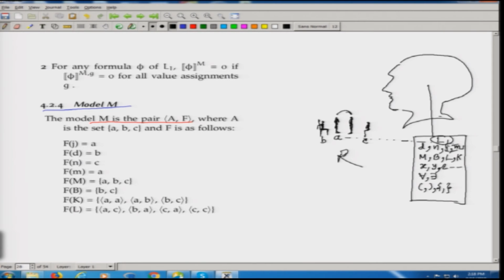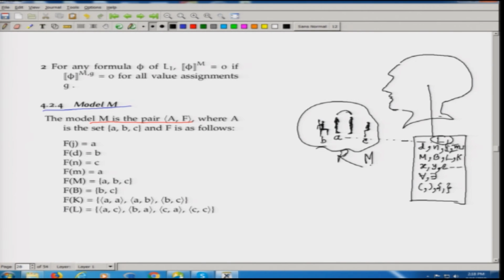They have various relations, right? So, for example, if you interpret M as man, then all 3, A, B, C, are men. Among them B and C are bald.